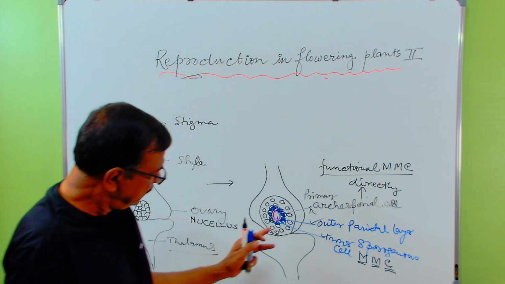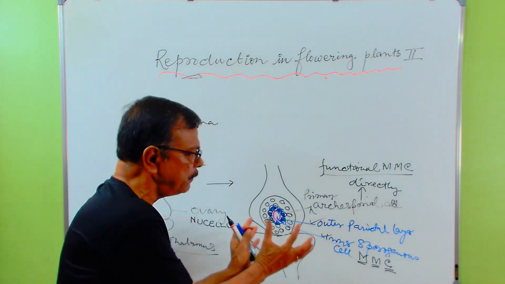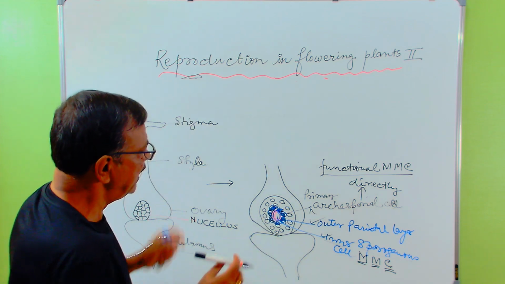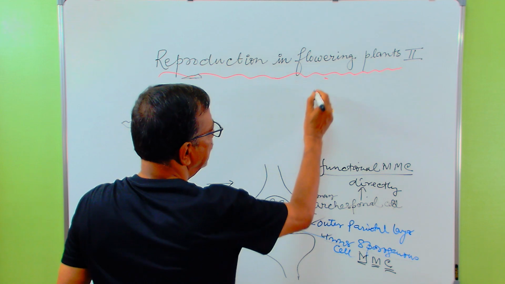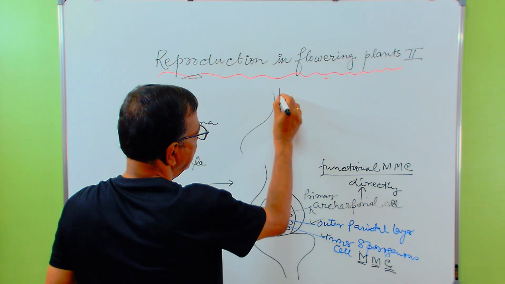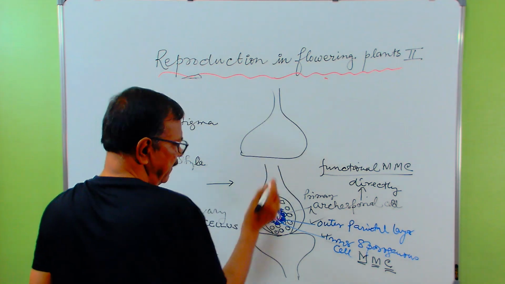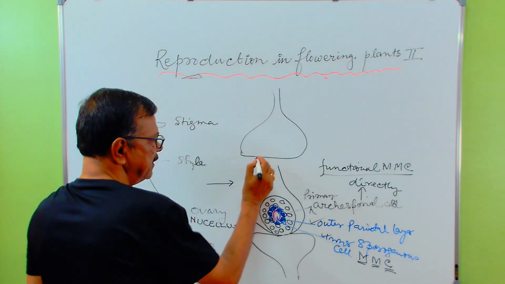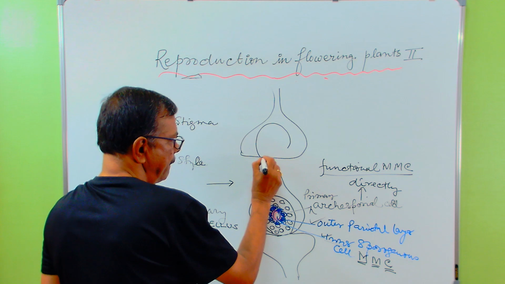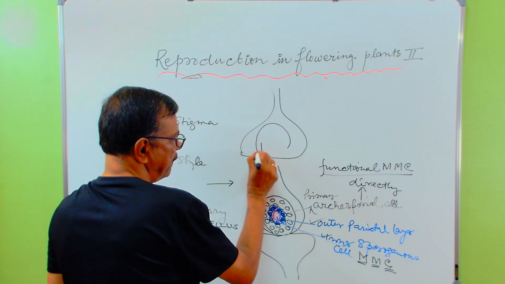As this proceeds, as the growth proceeds, what happens? This is the ovary, and this nucellus is raised on a stalk-like structure.